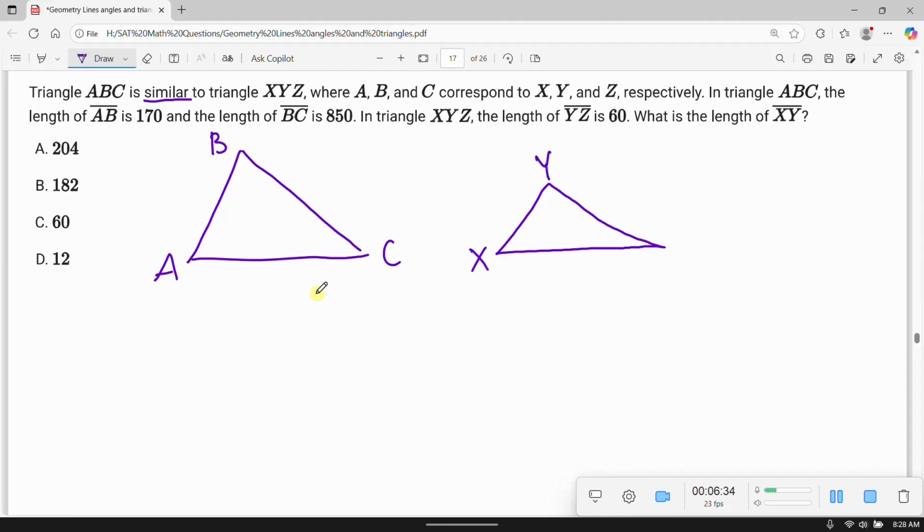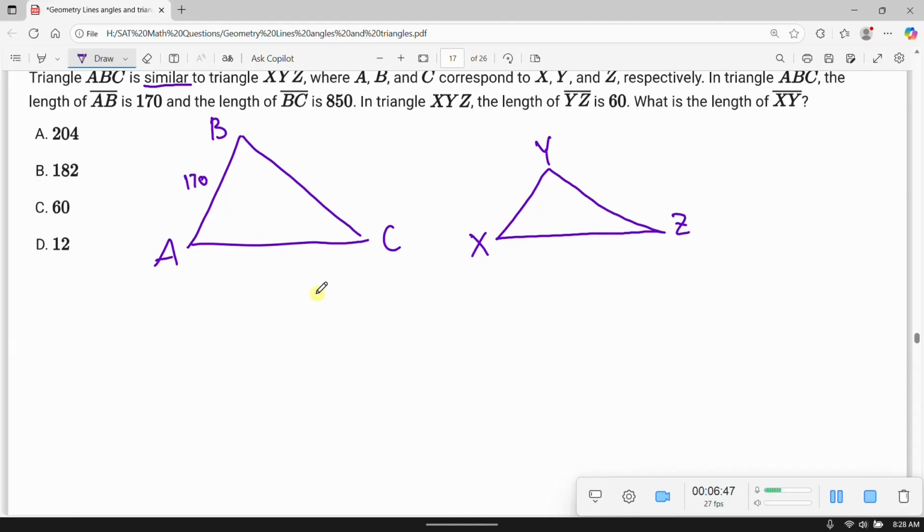So X, Y, Z. Make sure they are corresponding by each of the angles. Now they say the length AB is 170 and the length BC is A50. In triangle XYZ, the length YZ is 60. What is the length XY?